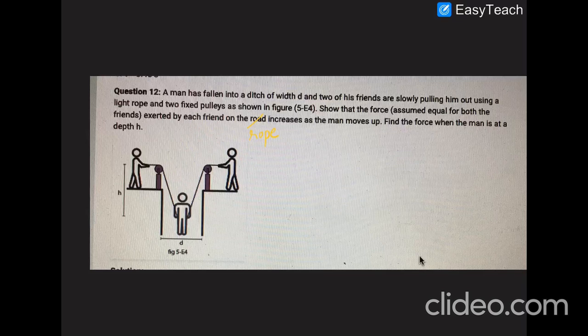So as this person moves upward, if this height, suppose you call it H, reduces, then the force required to pull will be more. That is actually the target of this question.